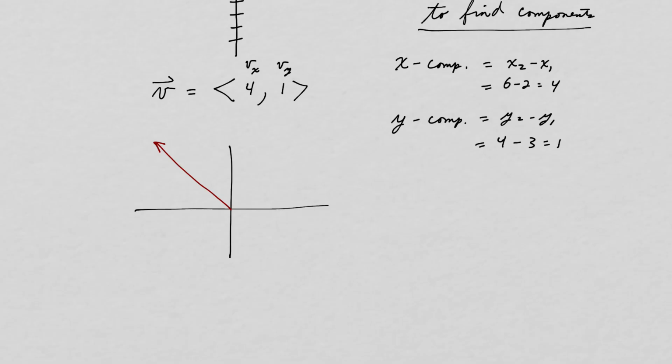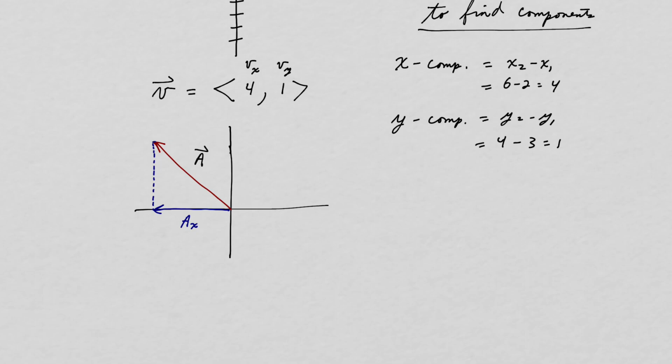I'll call it A. And I want to find the components. Then what I would do is drop a perpendicular onto the x-axis. So this distance right here, which is going to be negative, would be my x component of A. Then I would drop one onto the y-axis.